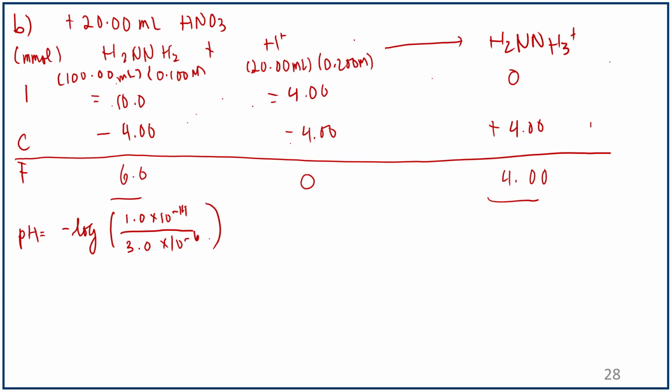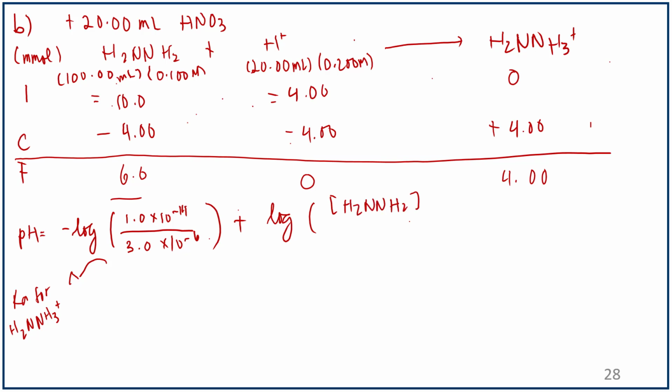So let's make a side note here again that this is the Ka for N2H5 plus. And then that will be plus log of the concentration of hydrazine divided by the concentration of hydrazonium.